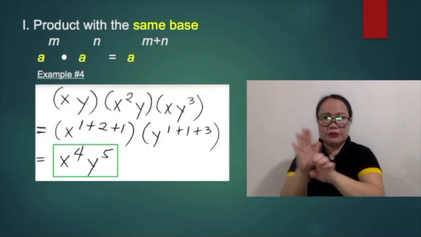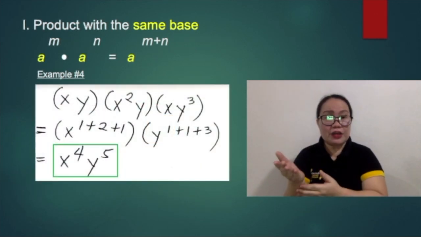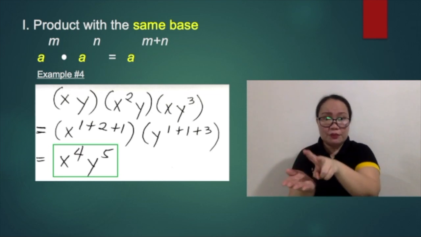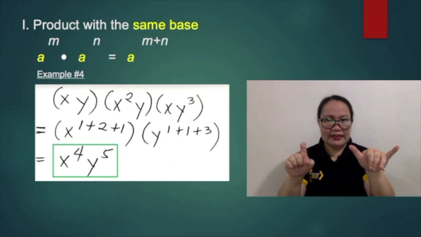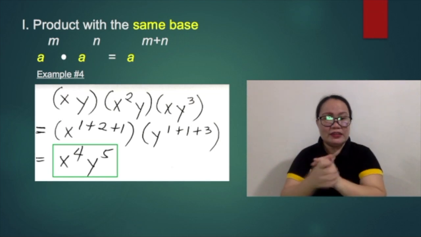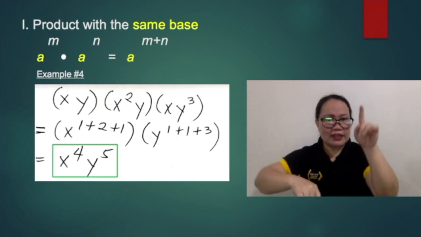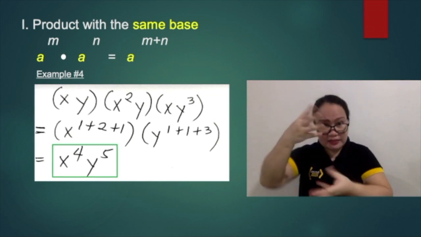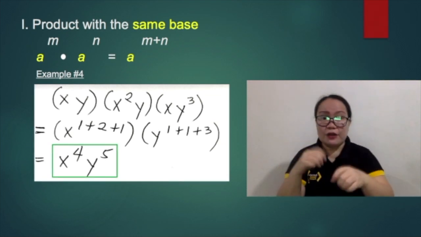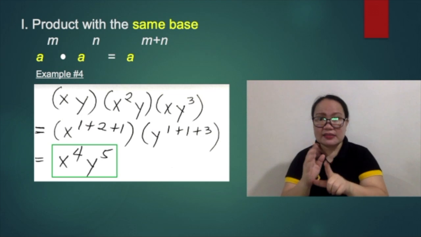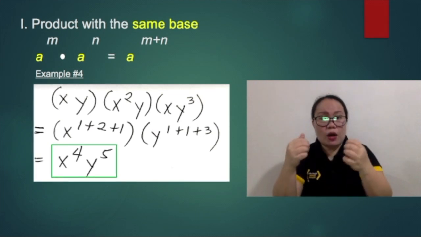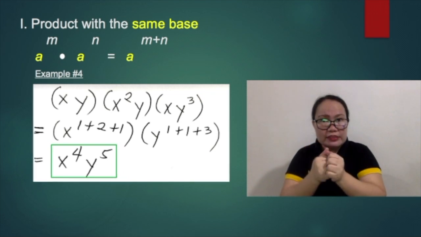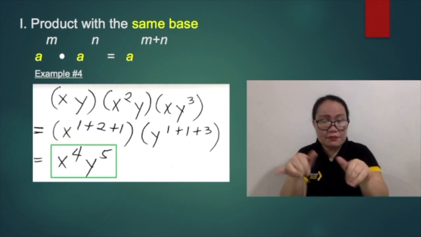Another example. Here we have two different variables, x and y. So they are two different variables. You cannot add their exponents because the law says that you can only add exponents of the same base.